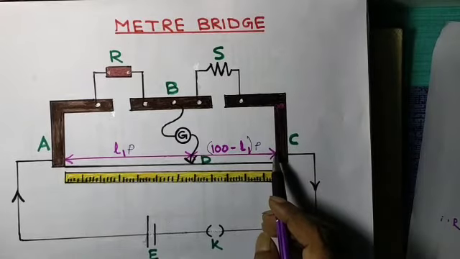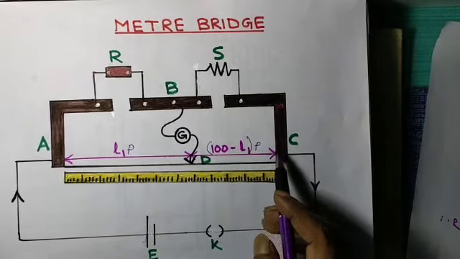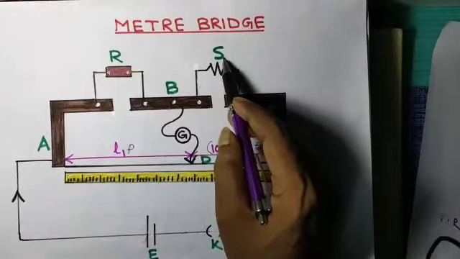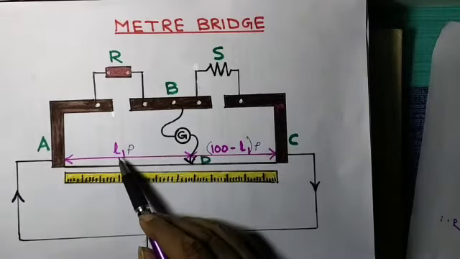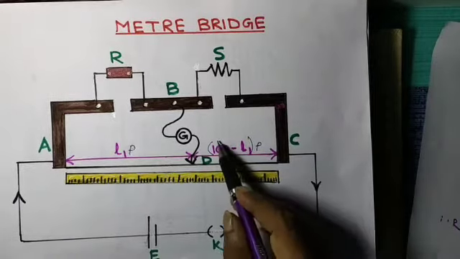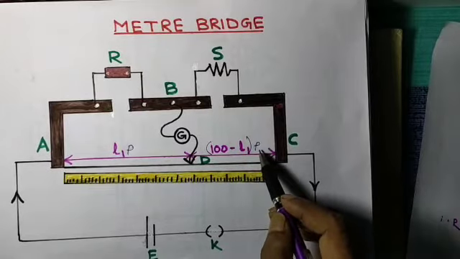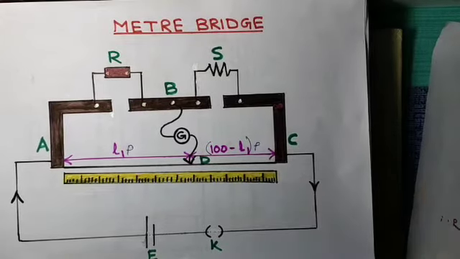So by applying the Wheatstone bridge formula, we can write R by S is equal to L1 rho by (100 minus L1) into rho.